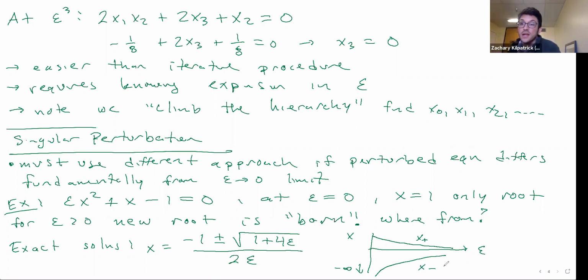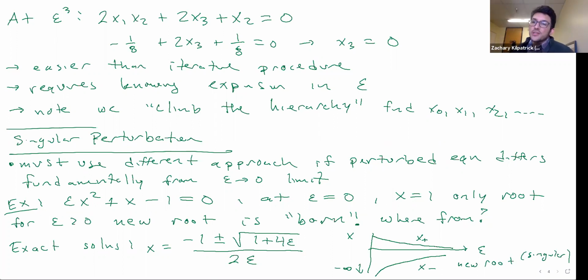So here's x minus, right? So as I send epsilon to 0, this root is diverging, and then somehow in the singular system, it disappears. It's not there anymore, because x equals 1 is the only root at epsilon equals 0, okay? So this is our new root, right? And this is what's called our singular root, okay?